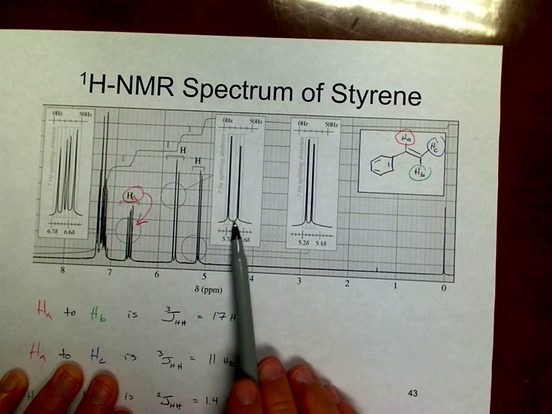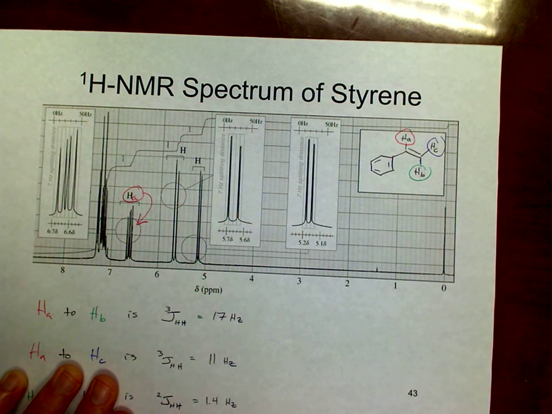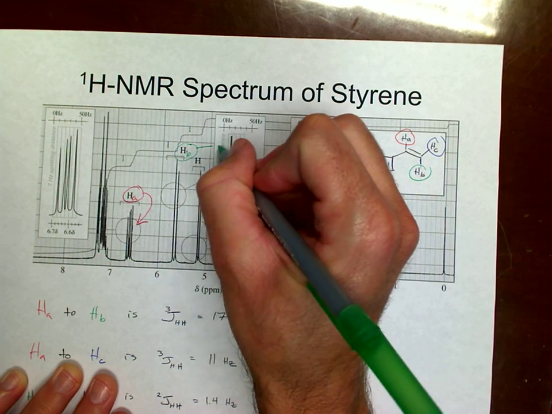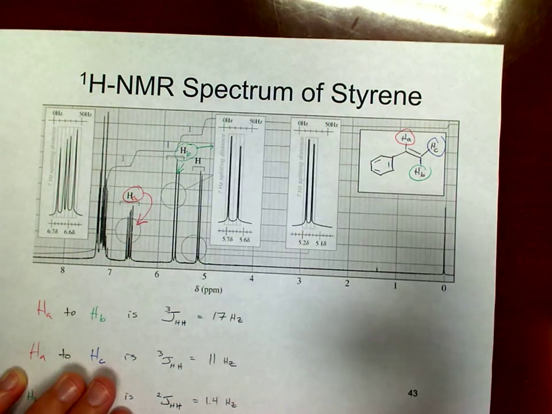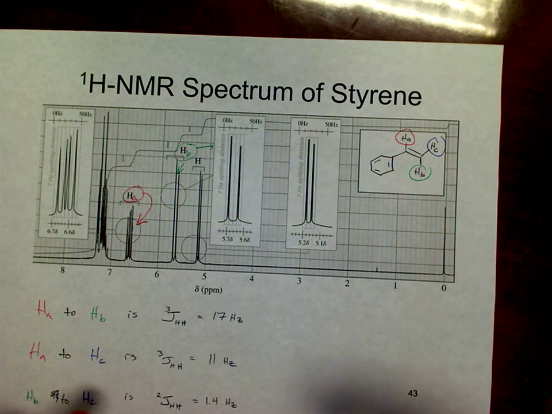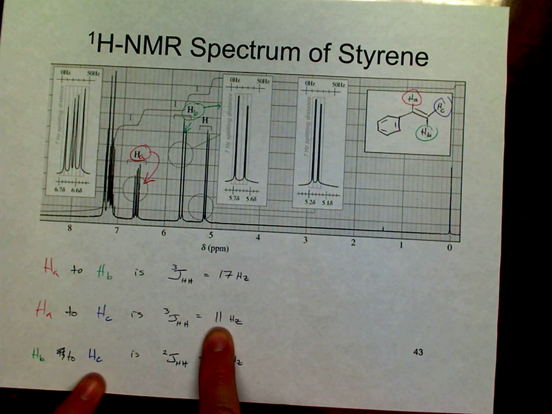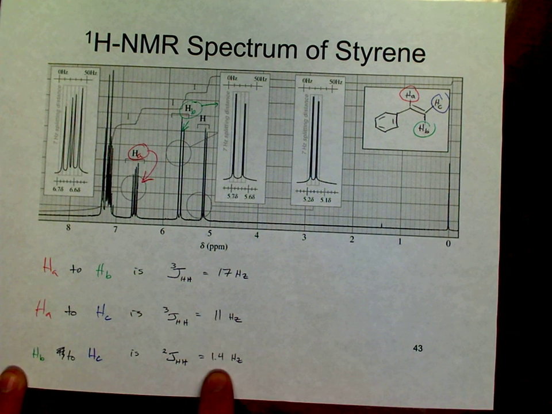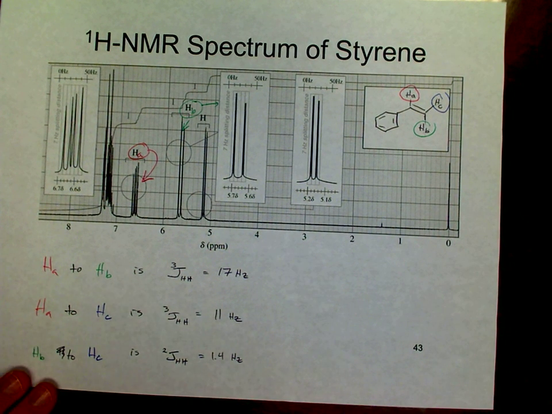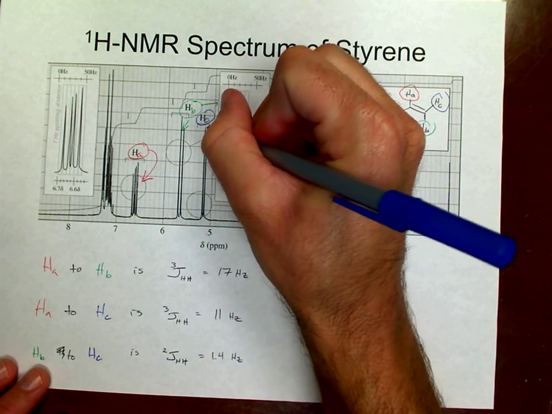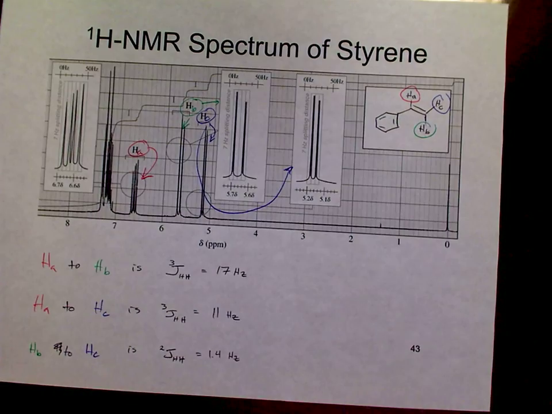So you can see that this one is HB. Okay, so HC to HA is 11 hertz, but then HC also sees HB at 1.4 hertz, and so this is HC, and it's this there.